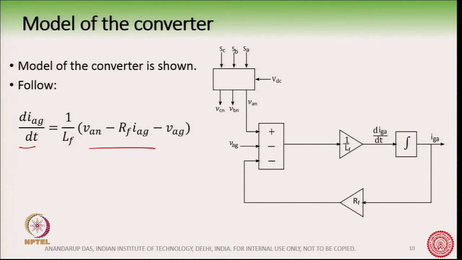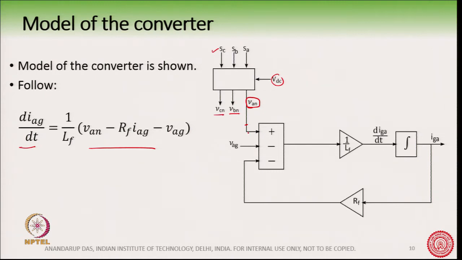What we do here is, first we get VAN. So, this is VAN here. As I told you, we have just now elaborately discussed how we get VAN from the switches and the VDC voltage. So, you have got VAN, VBN and VCN.